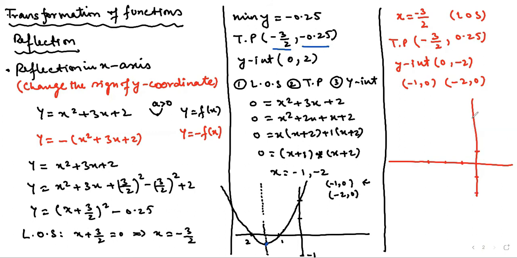Now, for the reflected curve, the line of symmetry is again -3/2, that is, x equal to -1.5.